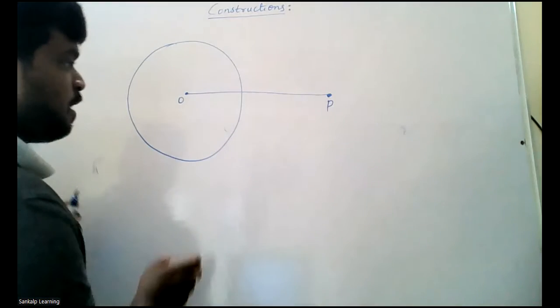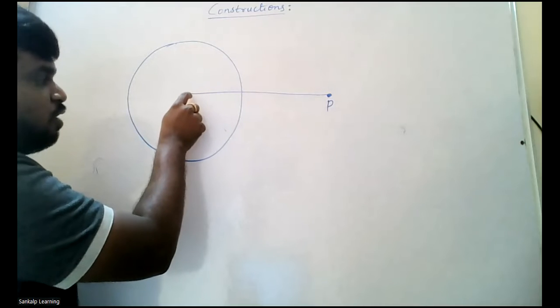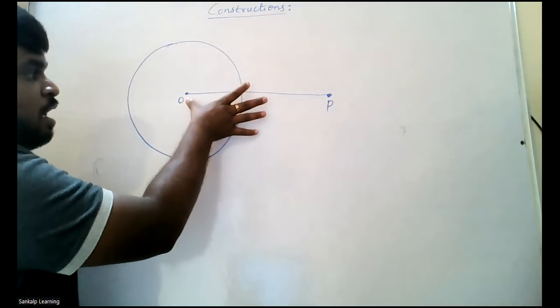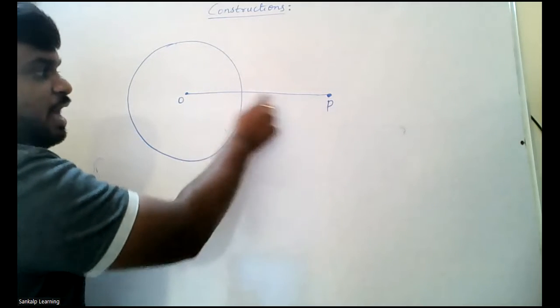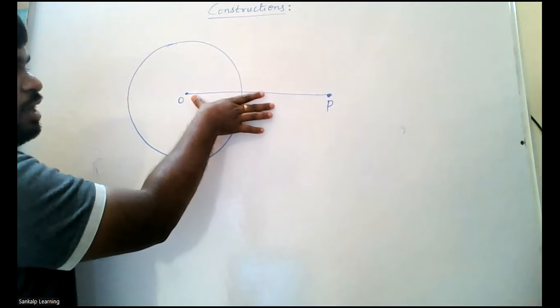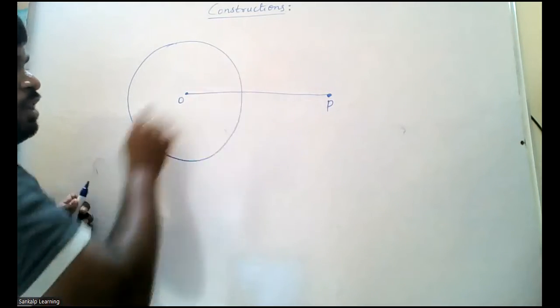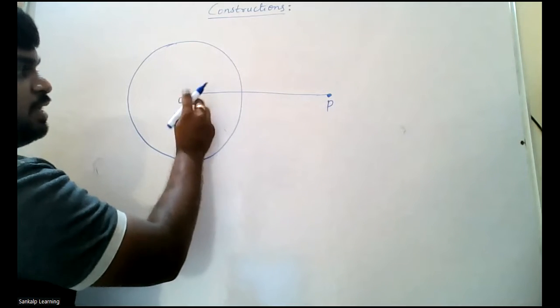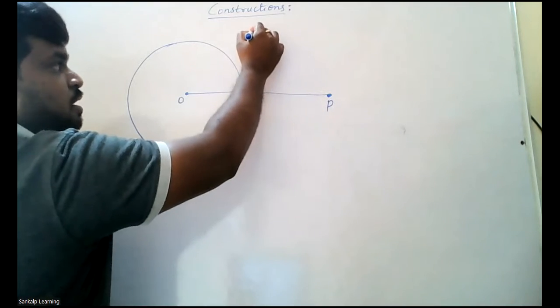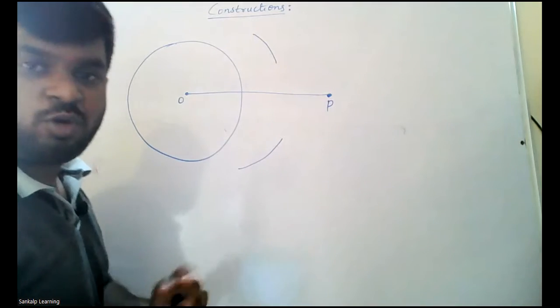Very simple. With O as the center, keep the needle of the compass here. Now take more than half of this line segment and cut an arc above and below the line. Now don't change the measurement.